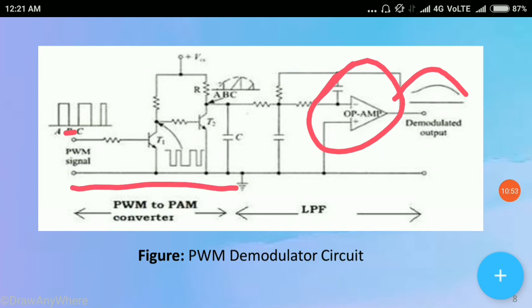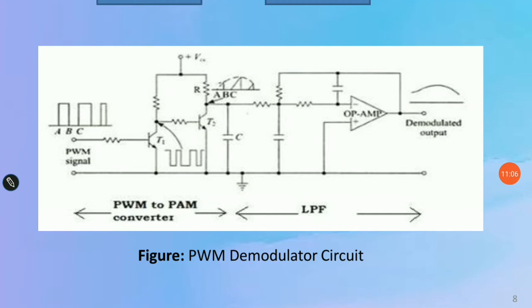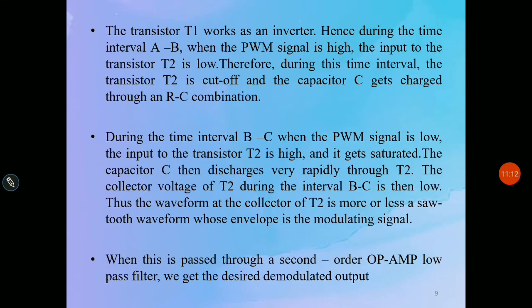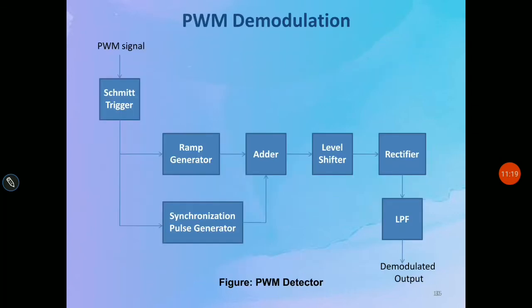So this part is your PWM to PAM converter, and this second order op amp is used as a low pass filter. And now we get the desired output of the modulating signal. In the next slide, this operation is depicted, which I already discussed with you in this presentation.